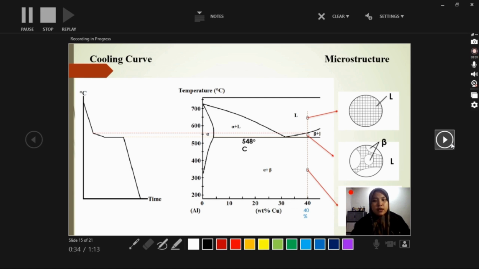For the hypereutectic alloy, a copper-rich primary phase practically eliminates the initial eutectic undercooling observed in hypoeutectic and eutectic alloys. The composition and phase at 500 degrees Celsius will show mostly beta phase with some alpha phase.